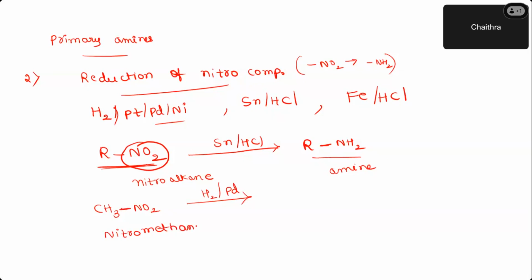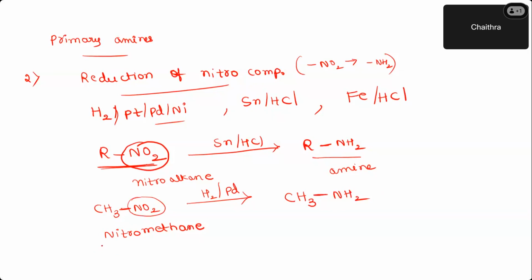One. So it's called nitromethane. What did I tell you? You just convert the NO2 group to NH2. Can you tell me the product, guys? NO2 will get converted into what? Very good. Yes, Lakshmi, very good. CH3NH2. This is methanamine.